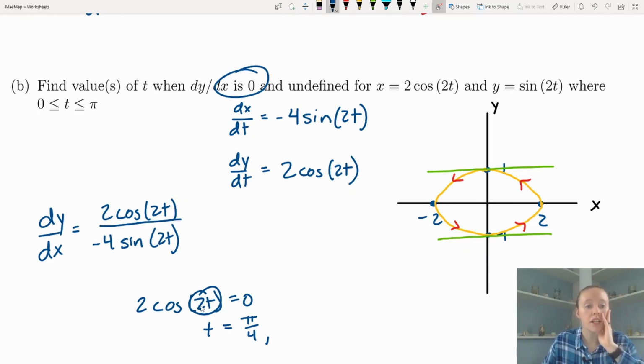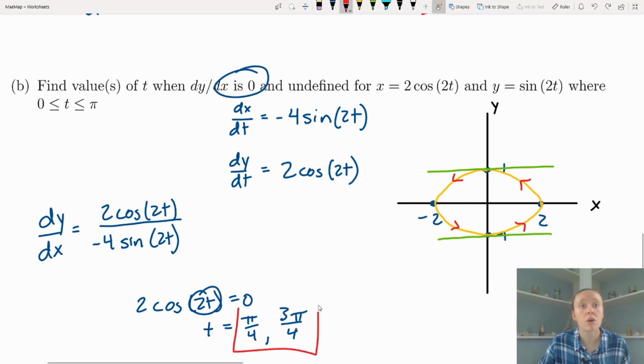And that next one is going to be at 3 pi over 4, because remember, we're sticking between the bounds of 0 and pi, and 3 pi over 4 times 2, that's going to be 6 pi over 4, which is 3 pi over 2, which again, the cosine of that is 0. So those are my t values when my derivative is equal to 0.